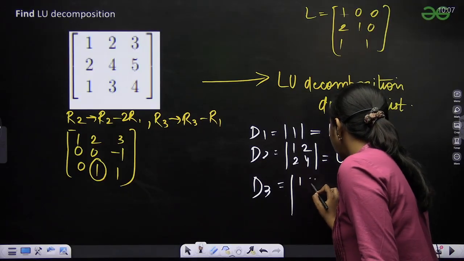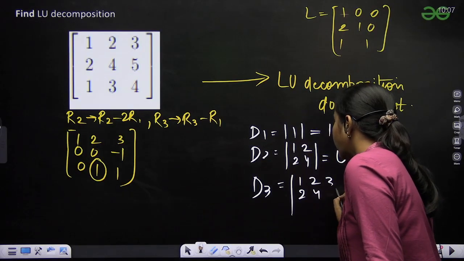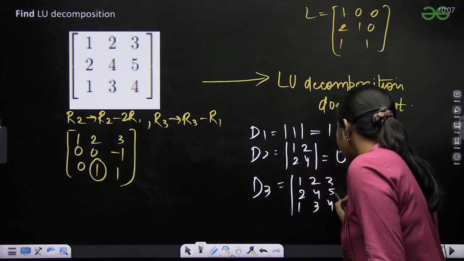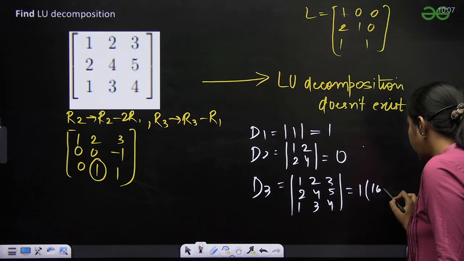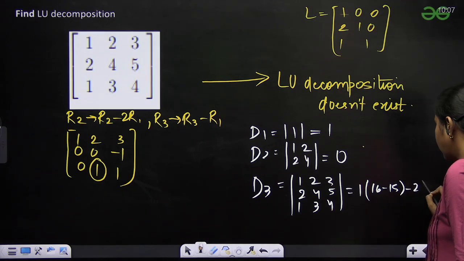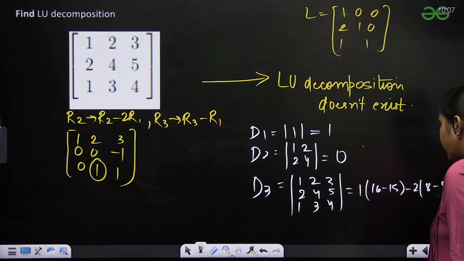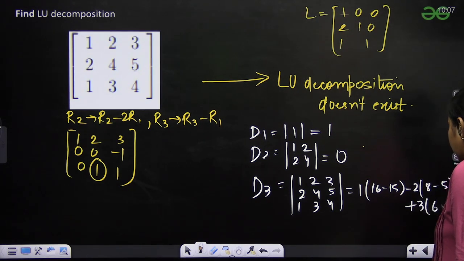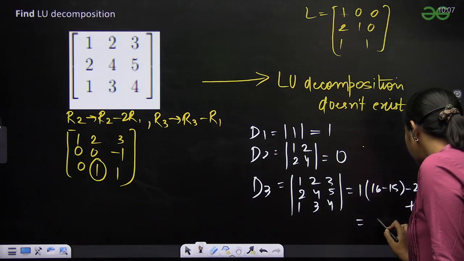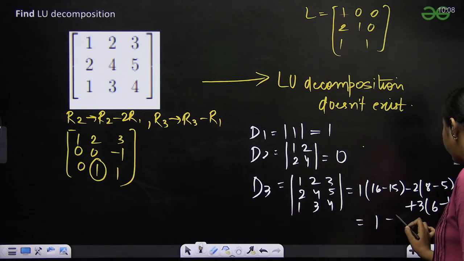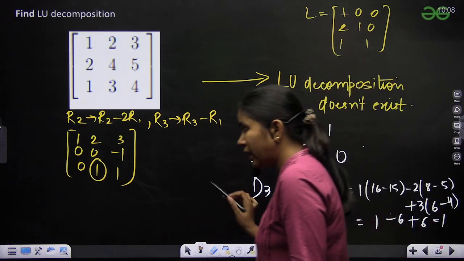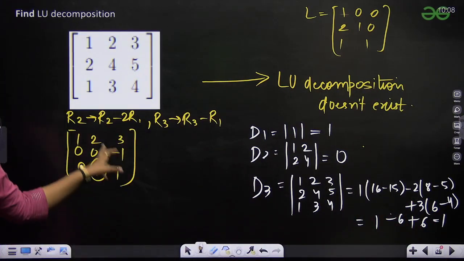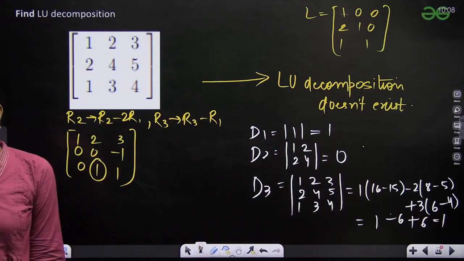If I find this determinant, 1, 2, 3, 2, 4, 5, 1, 3, 4: 4 4s are 16 minus 15 minus 2 times 8 minus 5 plus 3 times 6 minus 4. If I solve, 1 minus 6 plus 6, I'll get the determinant as 1. So it is an invertible matrix. The determinant is non-zero, but LU decomposition does not exist.